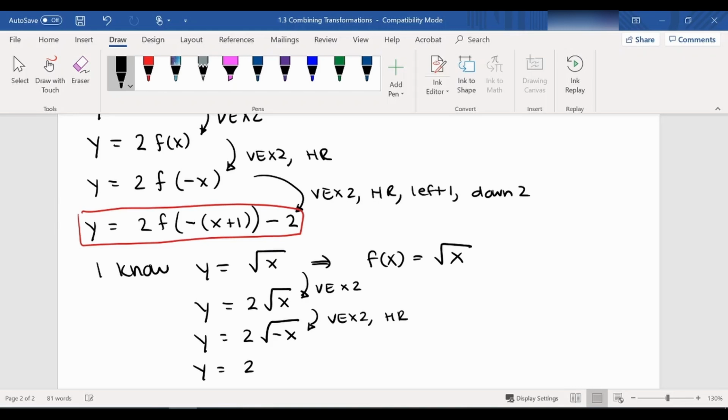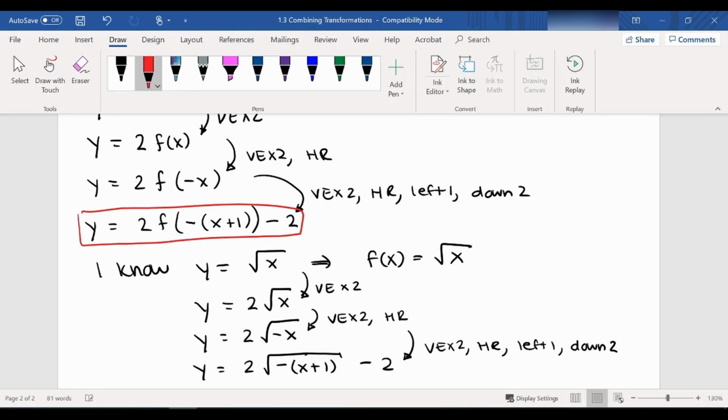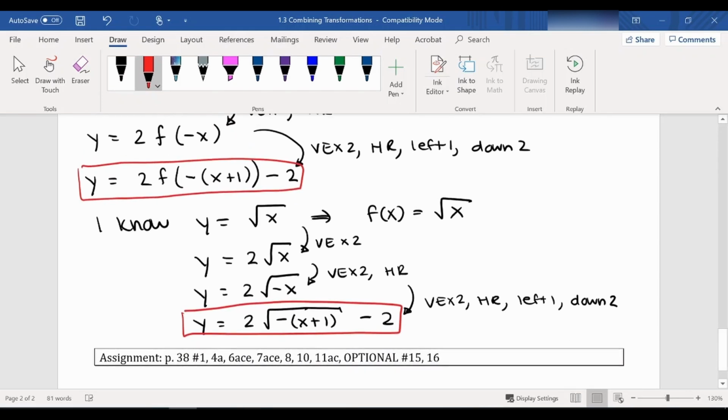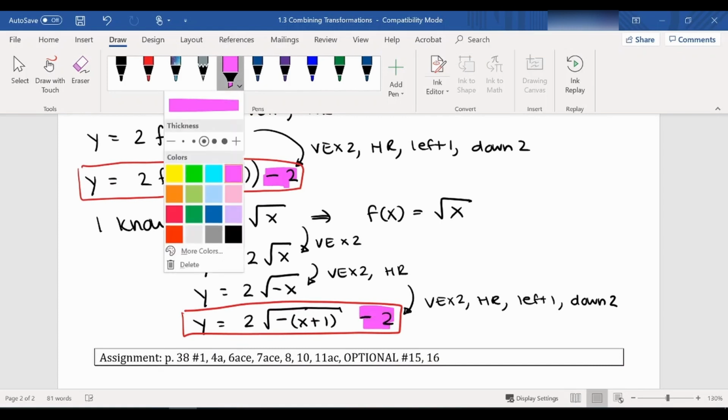Then if I add in my moving left 1 and down 2, I end up with 2 root negative x plus 1 in brackets, and then minus 2 outside the root. So we can see here the difference is that I've got my negative 2 at the end, negative 2 at the end. That's the same.